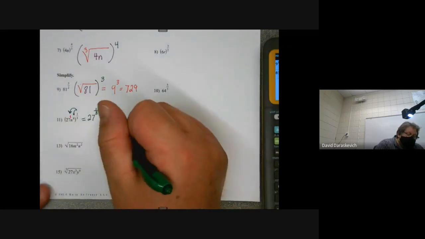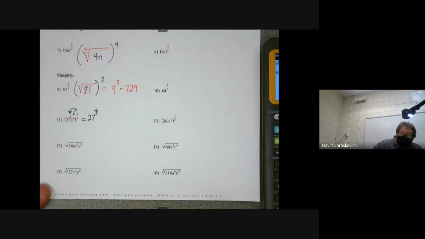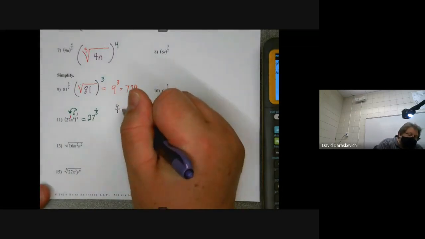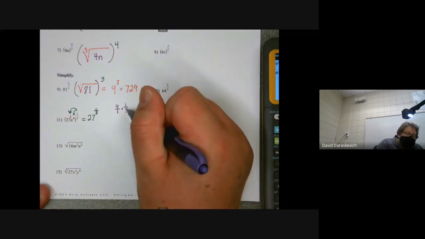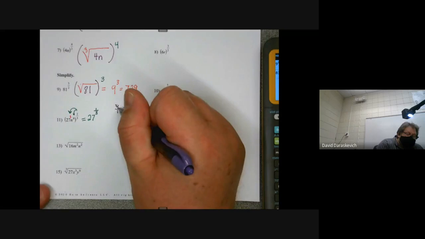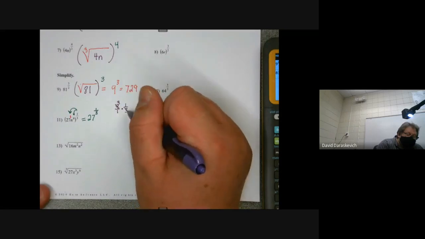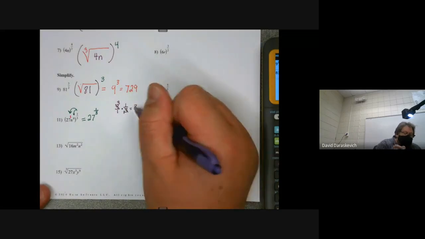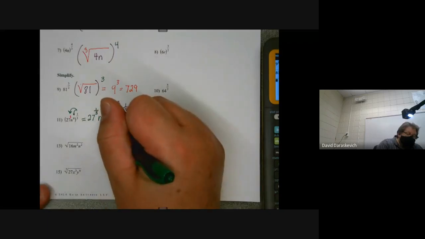And then I have 9 times 1/3. Well, 9 times 1/3, if I cancel out a 3 and 9, I get a 3. In other words, 9 divided by 3 is 3. 3 divided by 3 is 1. This all equals 3. So I have n cubed.